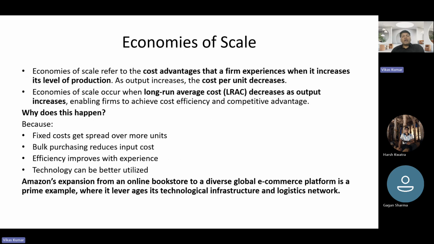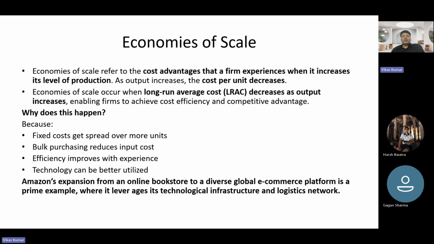This refers to the cost advantage that a firm experiences when it increases its level of production. As the output increases, the cost per unit decreases. So an organization will get the cost advantage because when their level of production increases, when market share increases, when demand for a particular product increases, that output will consequently give a firm grip over the suppliers.